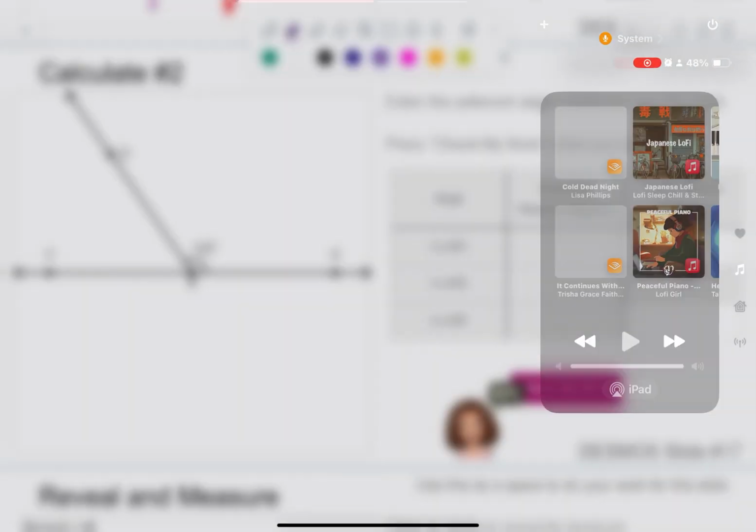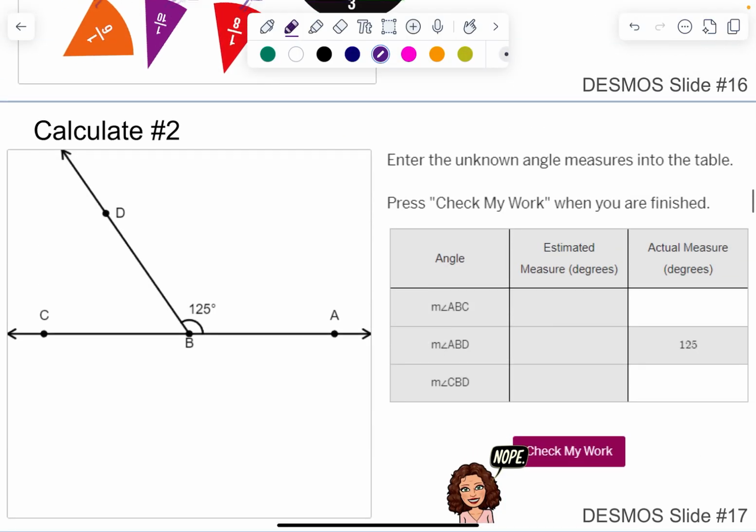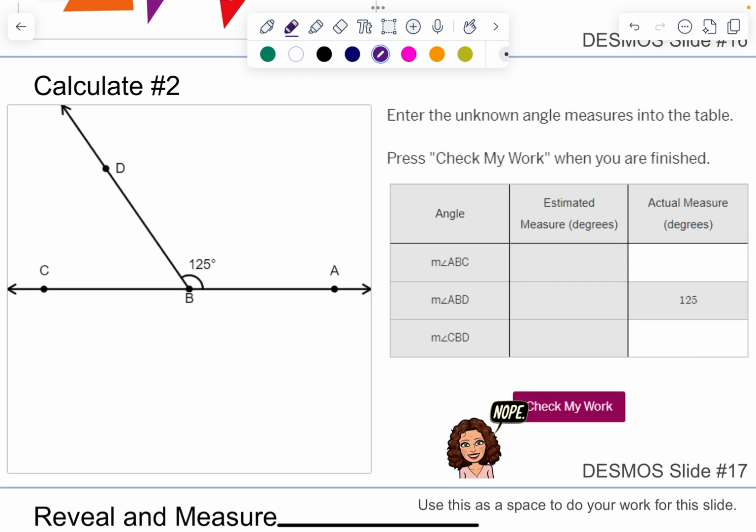All right. So now let's look at what it's telling us. Now it's asking us, what is the measure of ABC? Well, we know that's a straight angle, so that's 180 degrees, period. They're telling us that this angle is 125 degrees, and it wants to know the other one.